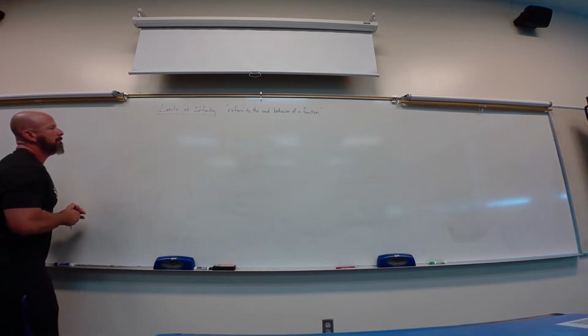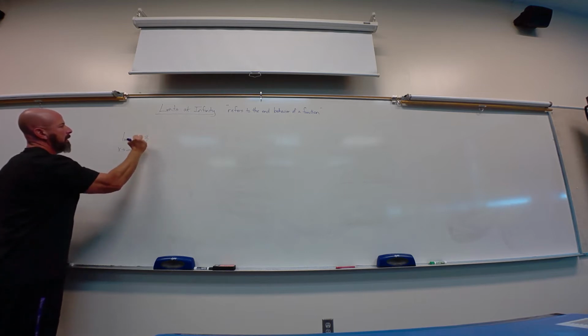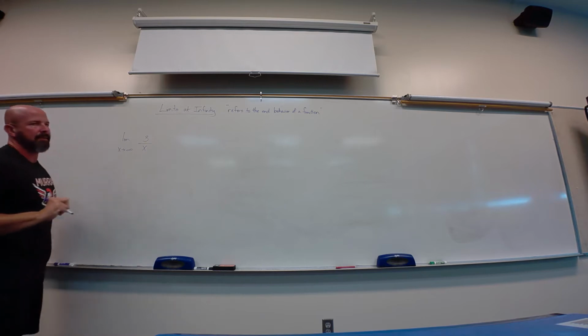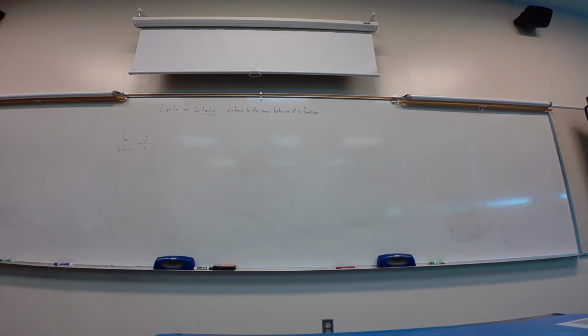If I had the limit as x approaches infinity of 3 over x. All right, so we're just working our old limit functions. This is not uncommon. We know what this looks like. If I can put infinity in and figure it out, I will.